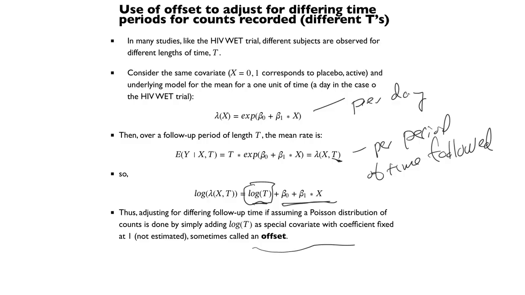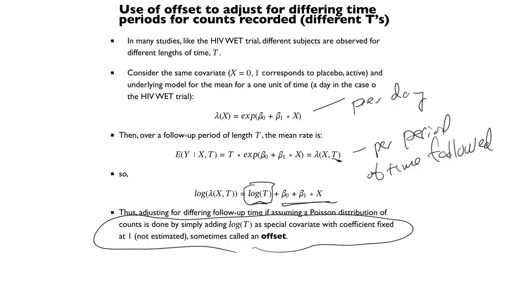It just has this special property that it's a covariate you put in the regression, and whatever kind of link you're using, in this case log link, you don't estimate the coefficient. So you can still define the likelihood, it's just that it doesn't add a parameter to it.